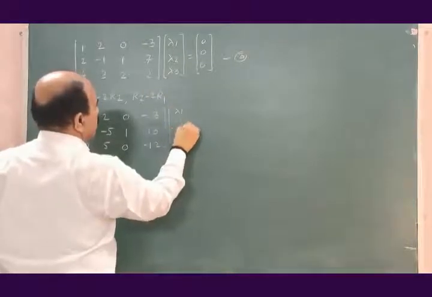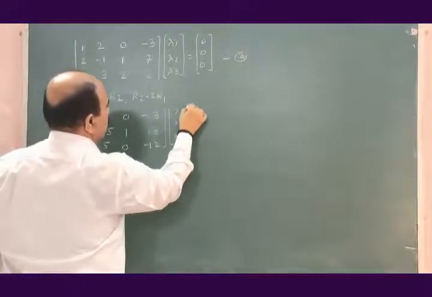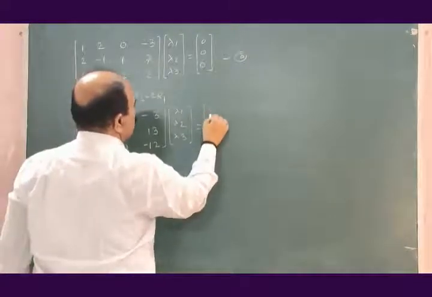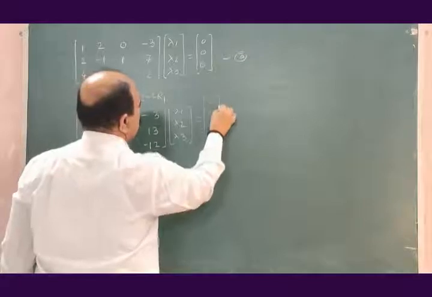Lambda 1, lambda 2, lambda 3. This is equal to 0, 0, 0.